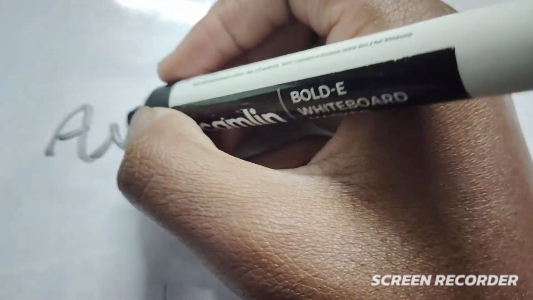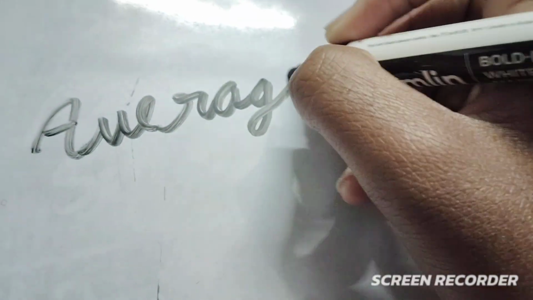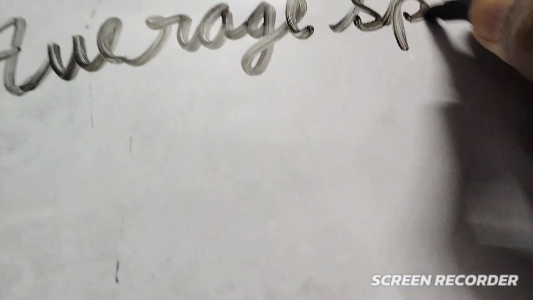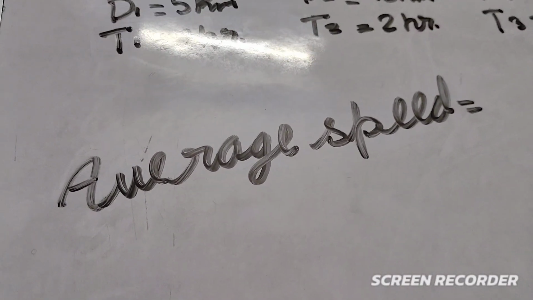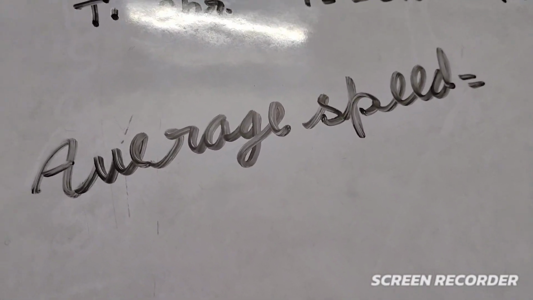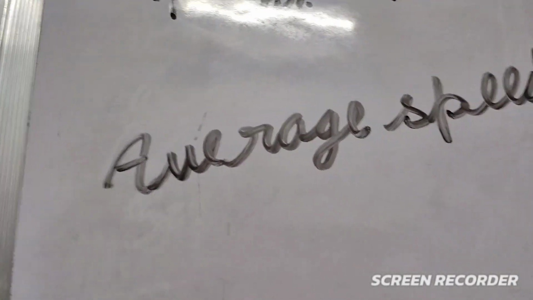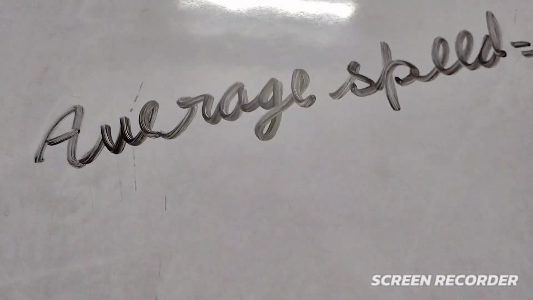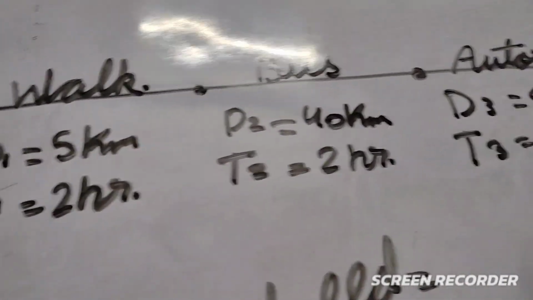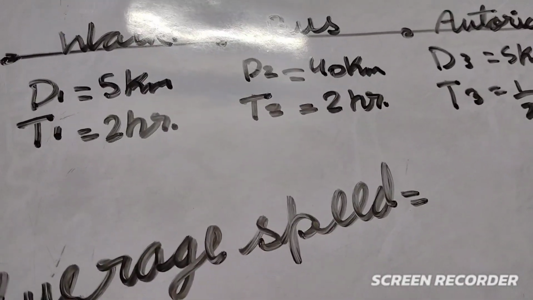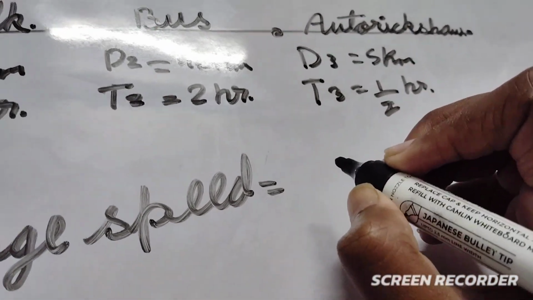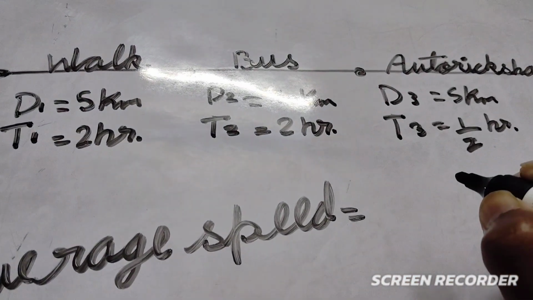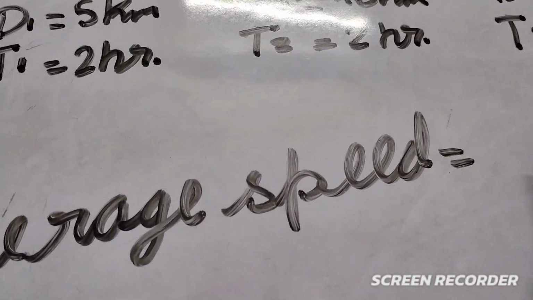So the average speed is equal to, are you understanding or not, please tell me in the comments. The average speed formula: total distance covered, meaning d1 plus d2 plus d3.